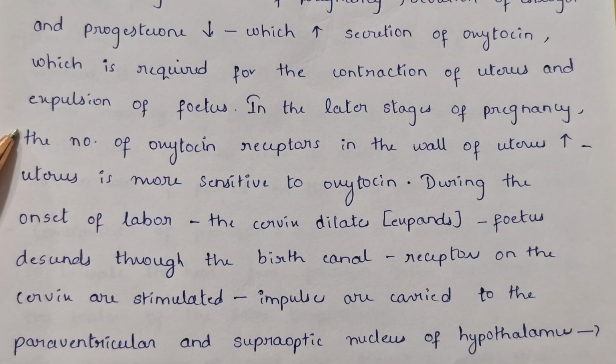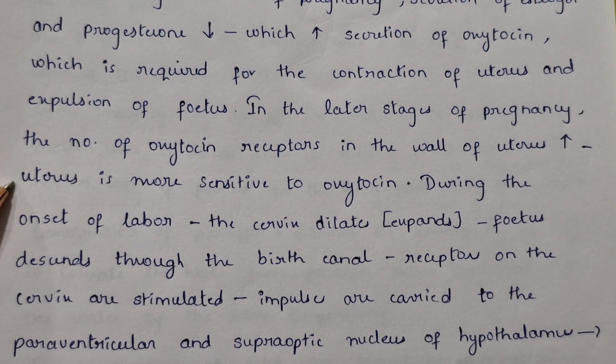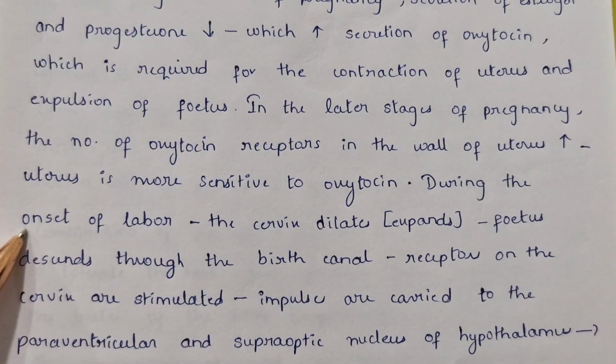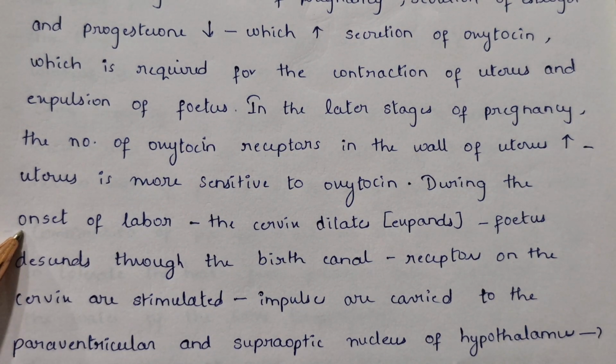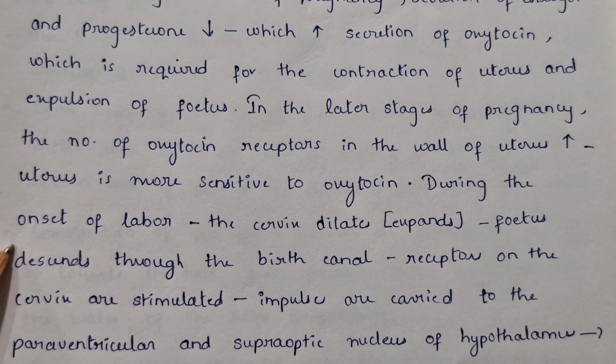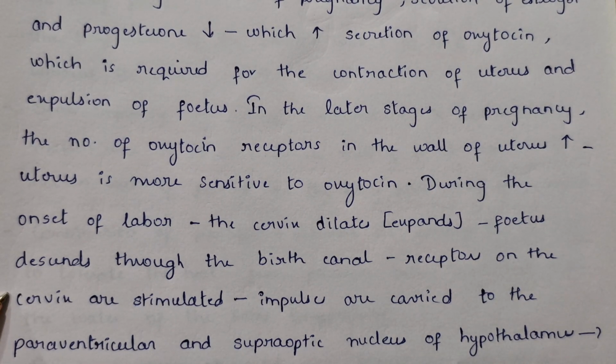In the later stages of pregnancy, the number of oxytocin receptors in the wall of the uterus increases. Therefore, the uterus is more sensitive to oxytocin. During the onset of labor, the cervix dilates, the fetus descends through the birth canal, and receptors on the cervix are stimulated.